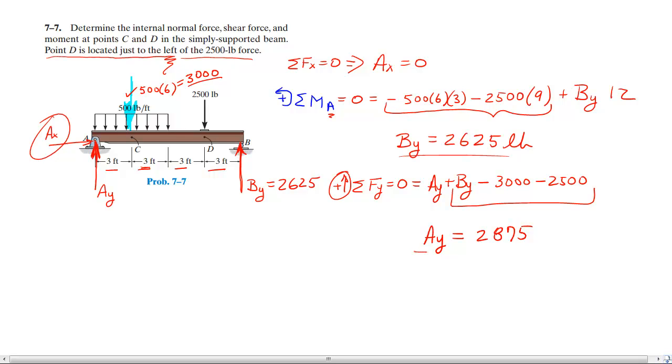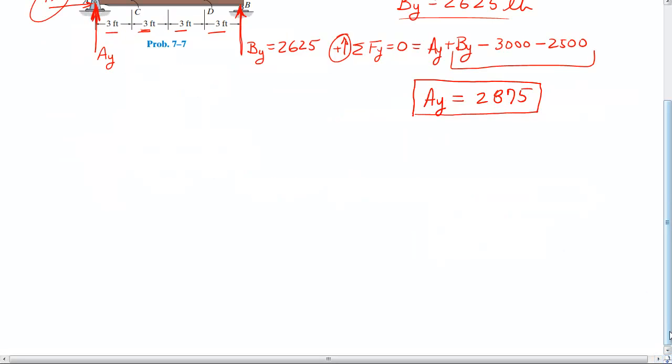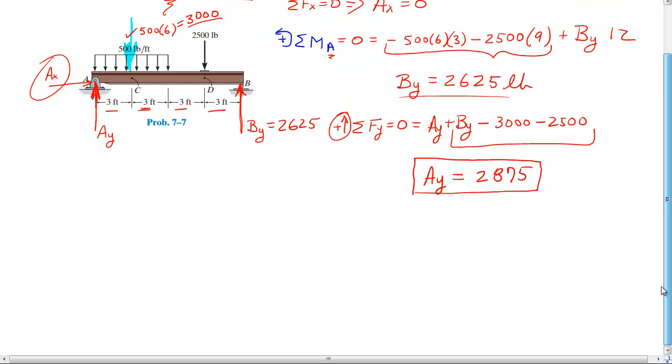There's another way of finding AY as well, and it's something to be considered here: let's sum the moments about B. When I change logic, I'll try to change pen color. I'll make this positive.